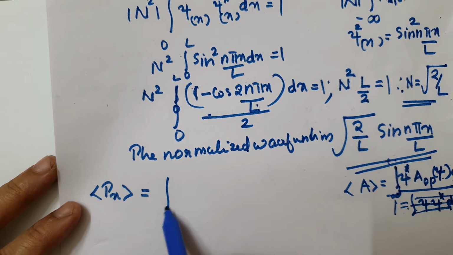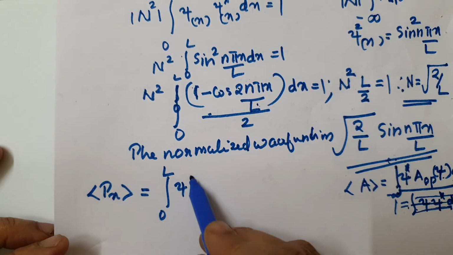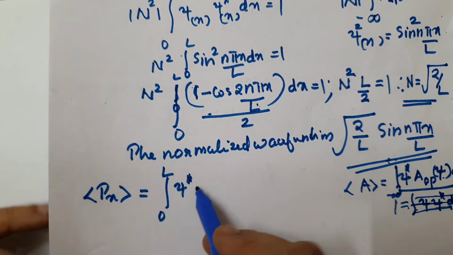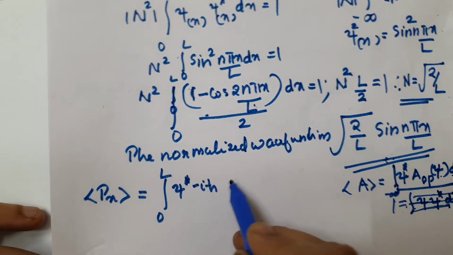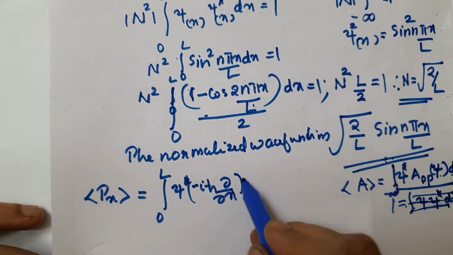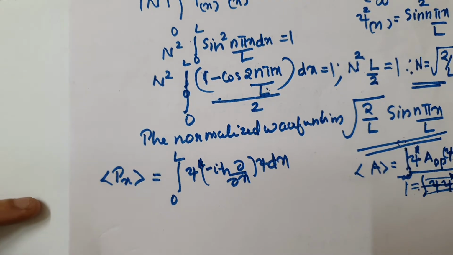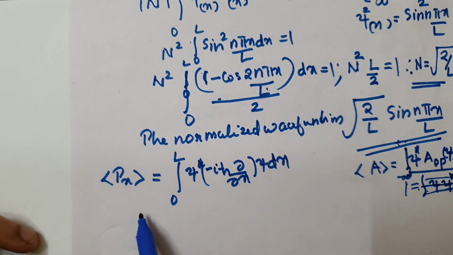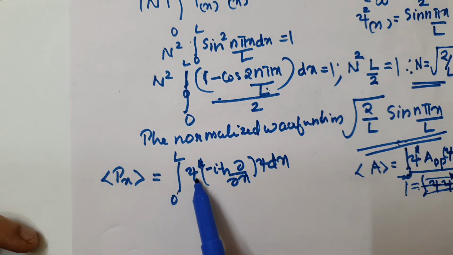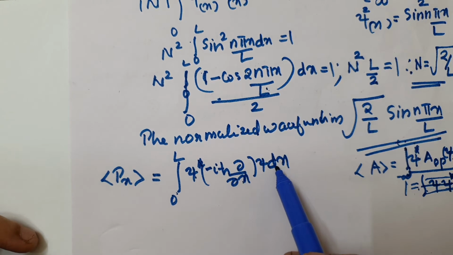The expectation value of the momentum is the integral 0 to L of psi star, the momentum operator minus i h cut del by del x, psi dx.